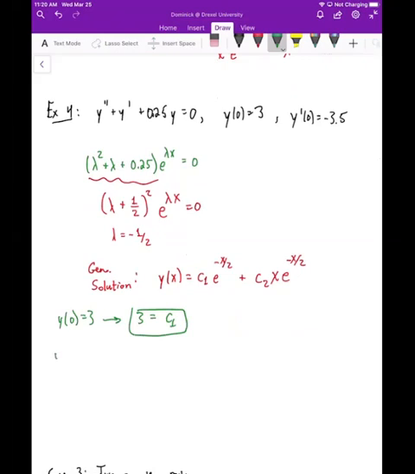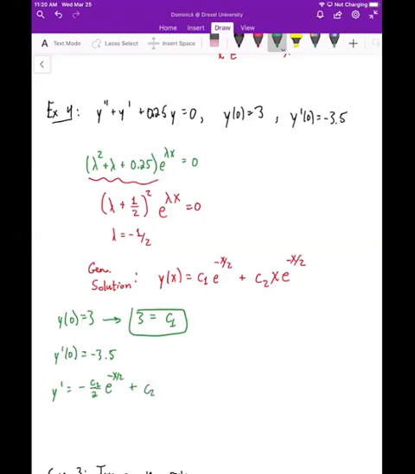And of course, in the next condition, y prime of 0 equals -3.5, we would need y prime, which is a negative C1 over 2 times e to the negative x over 2. And then the next one, we would actually need product rule.